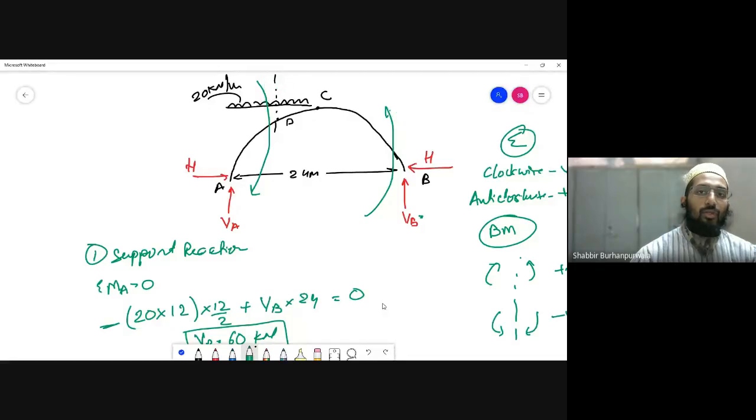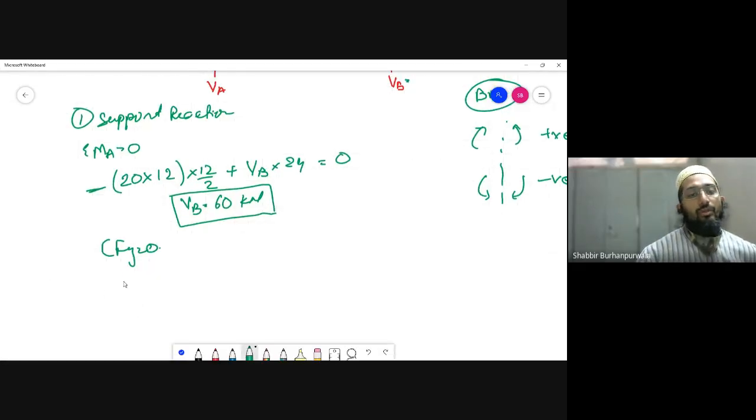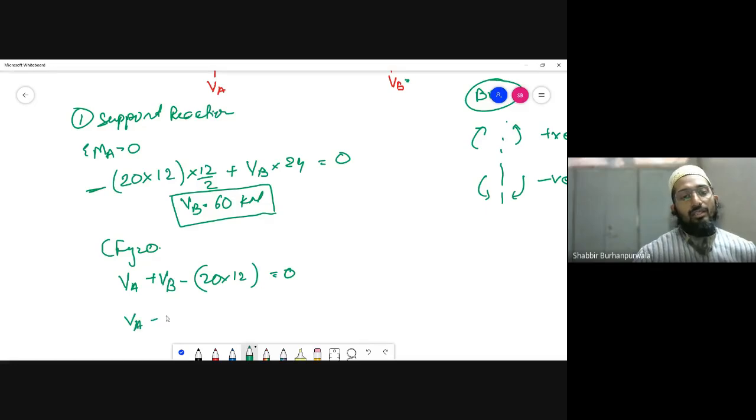Now determining the other support reactions, summation Fy equals 0. We have forces: Va plus Vb minus 20 into 12, which is the UDL acting in the downward direction, equals 0. Substituting the value of Vb, Va plus 60 minus 240 equals 0.